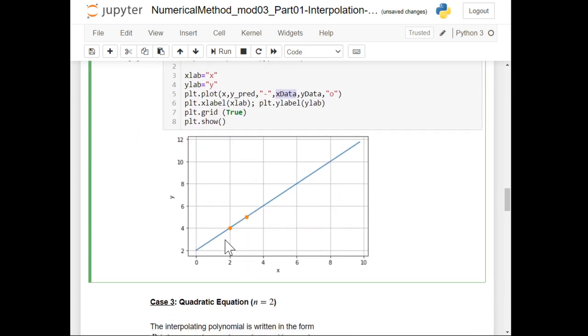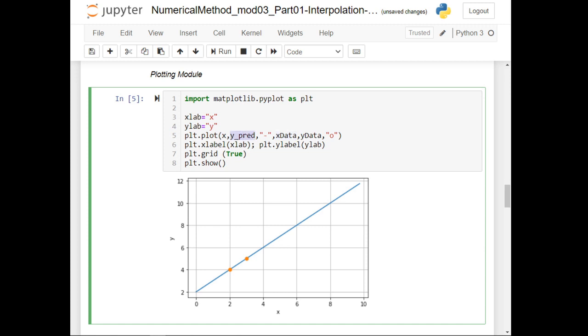Then this line here follows the y prediction and the x. You can see that it passes through the 2 points, so the line passes through these points.